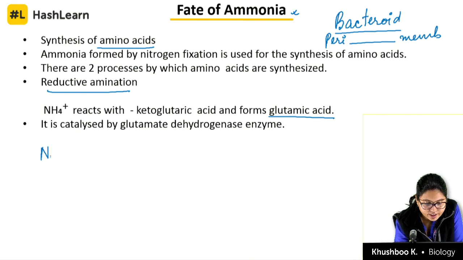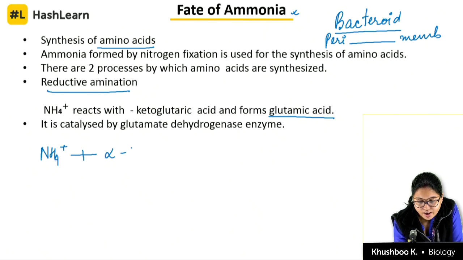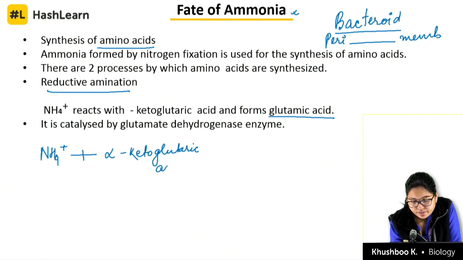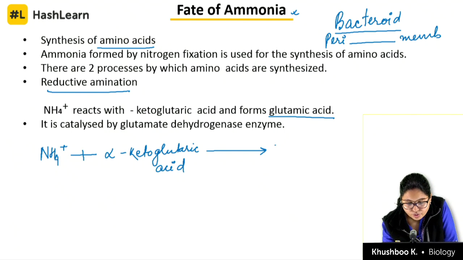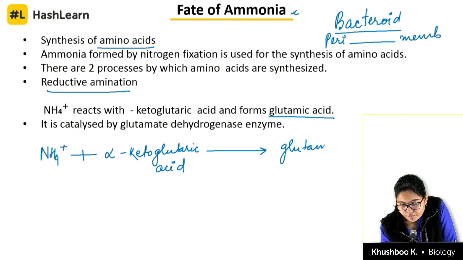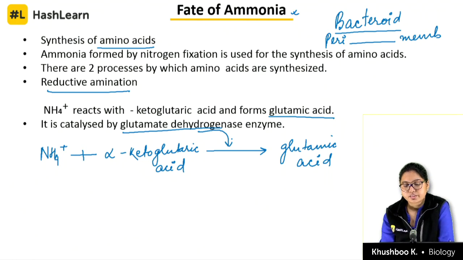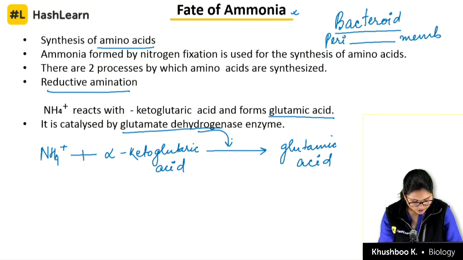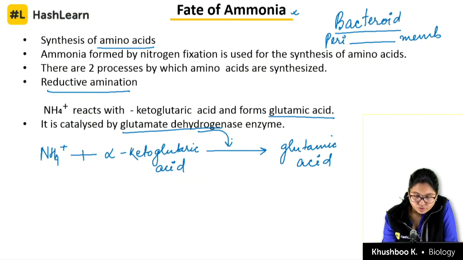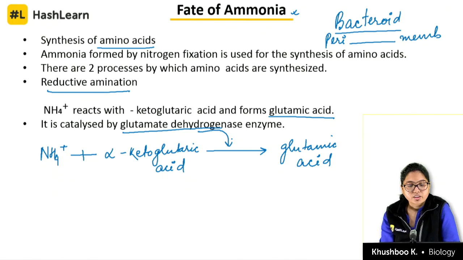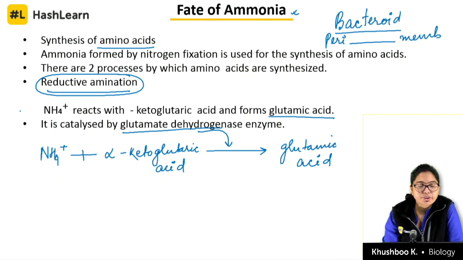If we write it as a reaction, ammonia will combine with alpha ketoglutaric acid, and that will give rise to glutamic acid, and it is catalyzed by the enzyme glutamate dehydrogenase. That is the enzyme that will help in formation of the glutamic acid. So that is one way by which it can be converted into amino acid.